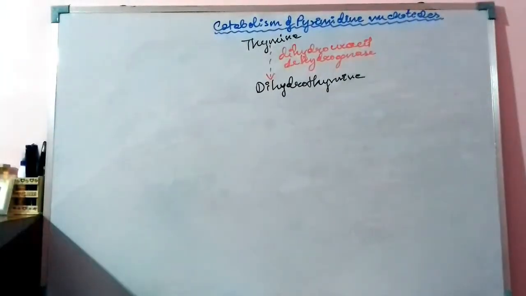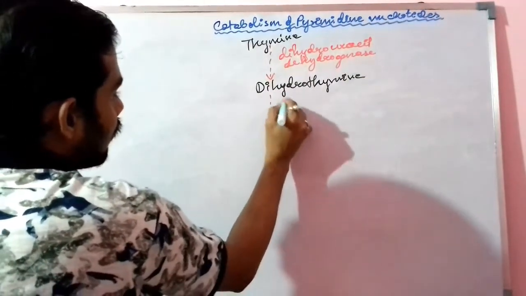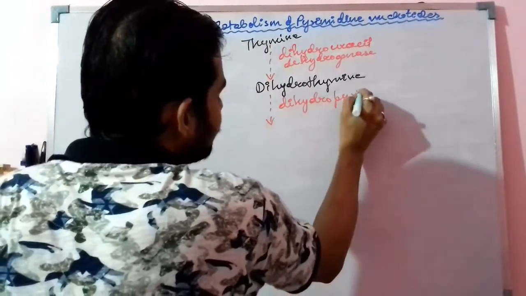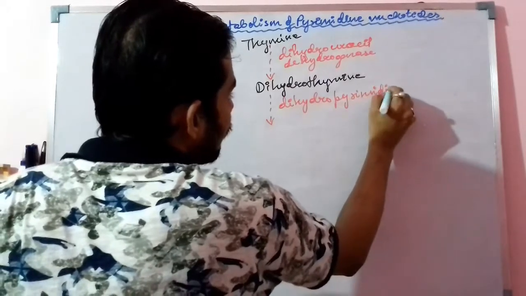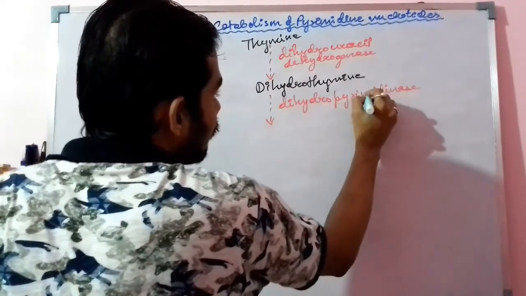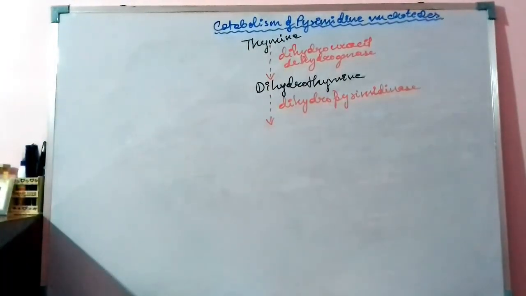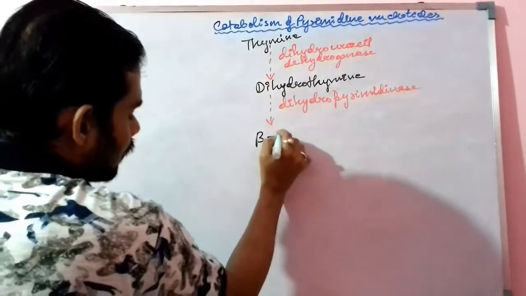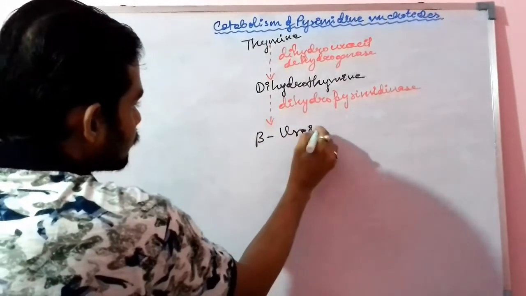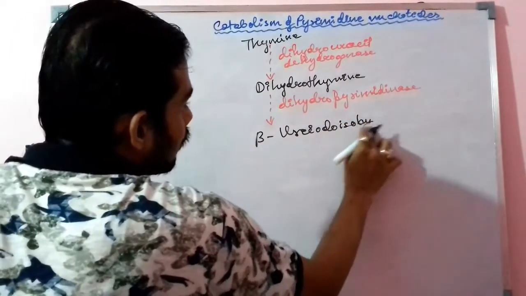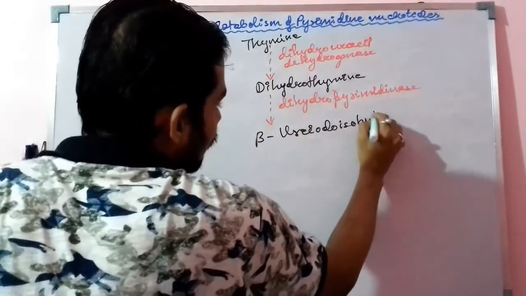Now this dihydrothymine, in the presence of dihydropyrimidinase, gives rise to the molecule beta ureidoisobutyrate.